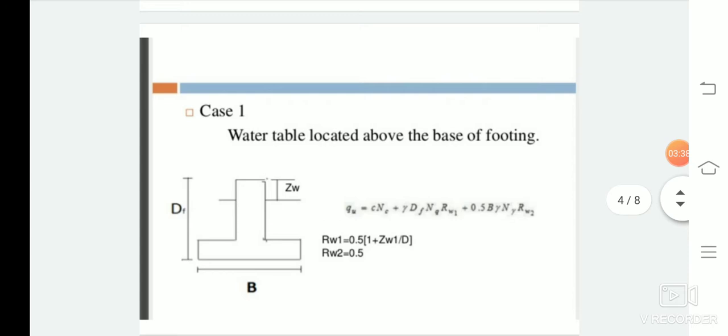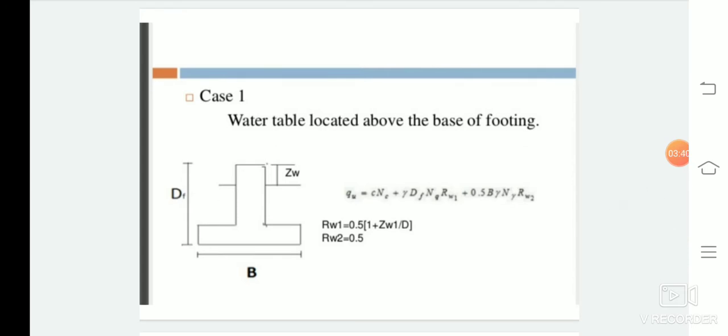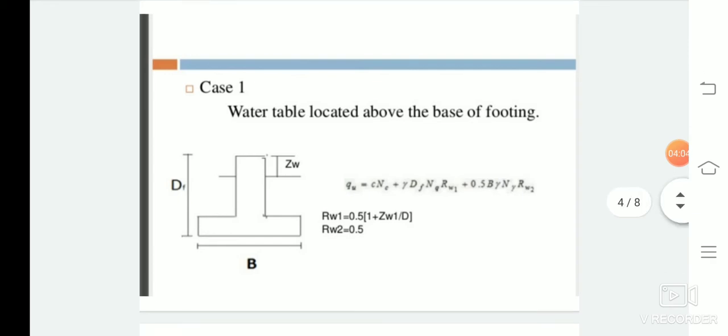So the water table correction factors can be obtained from the following cases. This is the first case, where the position of the water table will determine the value of the reduction factors Rw1 and Rw2. Here, the water table is situated at a depth of Zw from the ground level. So what will be the values of reduction factors Rw1 and Rw2?